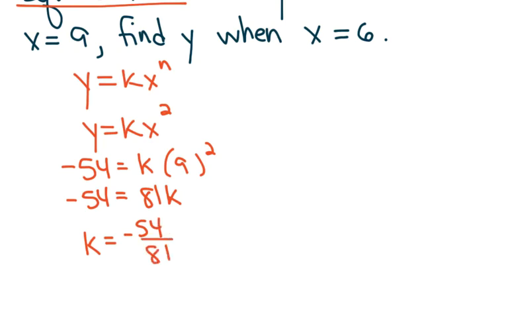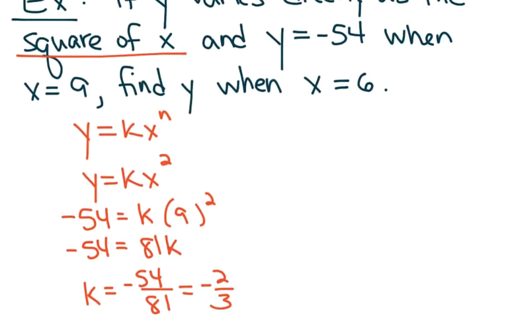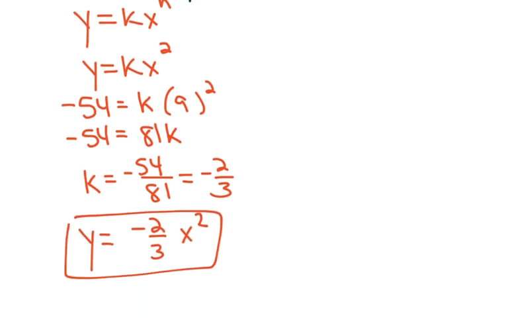So now I have the equation y is equal to negative 54 over 81 x squared. And I guess I probably should just reduce this fraction. This reduces to negative 2/3, which is a lot nicer than using negative 54 over 81. All right, now that we know what the equation is, now we can go back and find y when x equals 6.